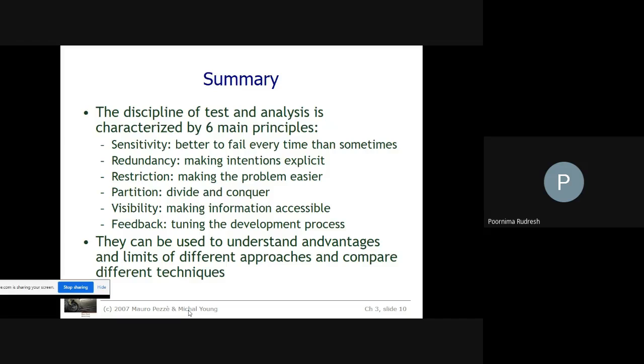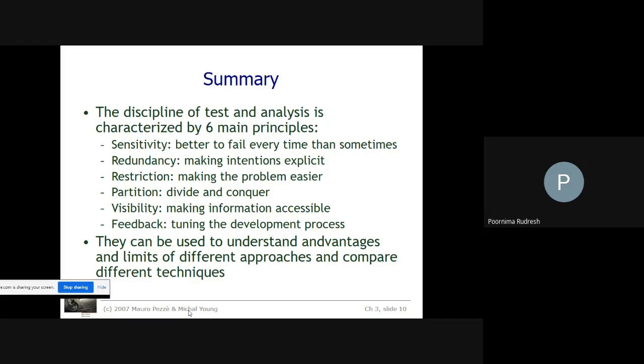These six main principles play a very important role in analysis and testing of the system, and they can be used to understand the advantages and limits of different approaches and compare different techniques. So this is about the chapter on basic principles. Mainly we concentrated on six basic principles in this chapter, and this completes the chapter.